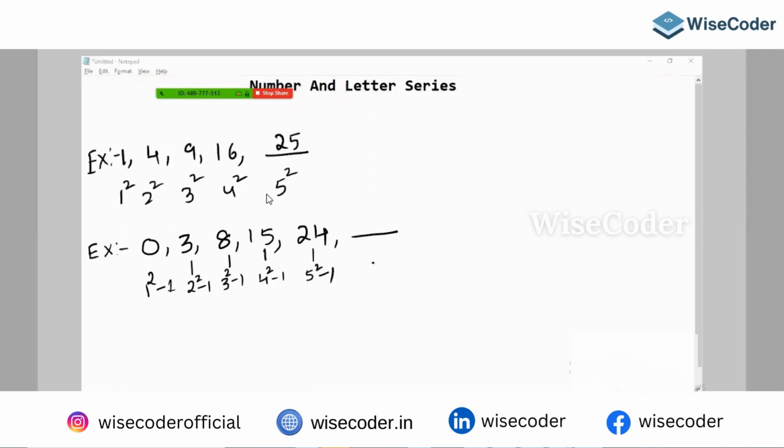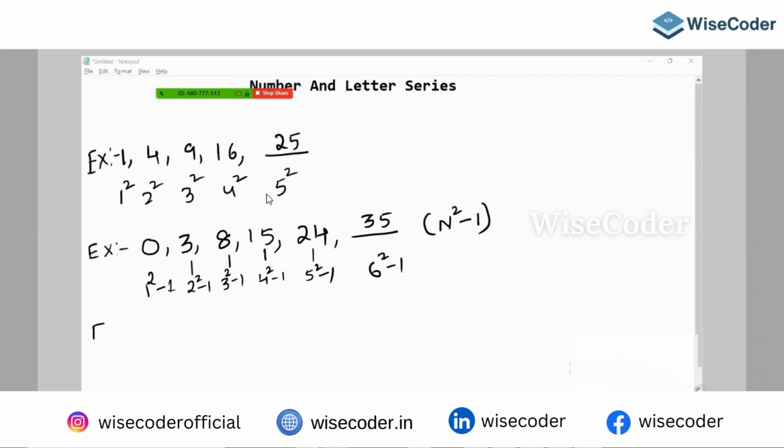So next must be 6 square minus 1. 6 square is 36, minus 1 is going to be 35. So you can name this the n square minus 1 series.